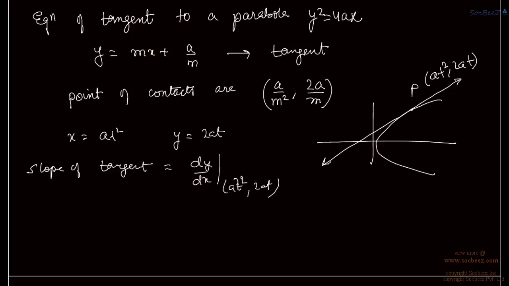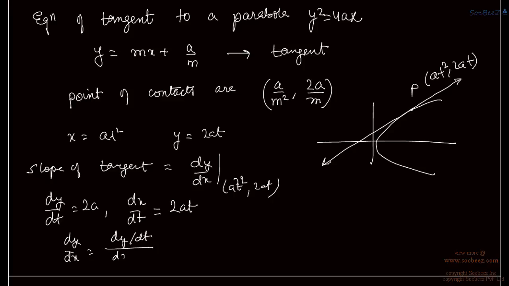From here we get dy by dt as 2a and dx by dt as 2at, right? So dy by dx is equal to dy by dt upon dx by dt, which is equal to 1 by t, isn't it? So the slope of tangent is 1 by t.